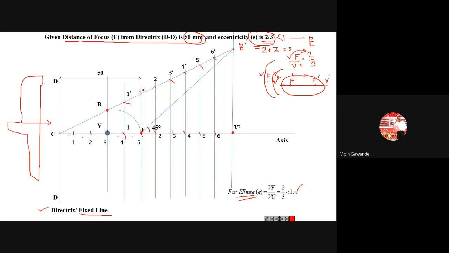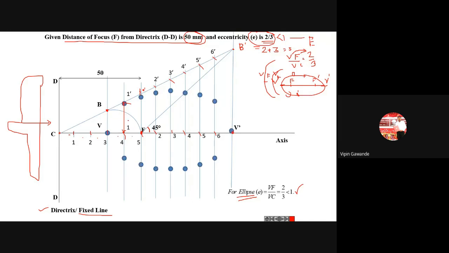thing we have to get these points on the ellipse. How to get the points on the ellipse? Now take 1 dash distance in compass. Then F as a center, focus as a center, and cut the same line above the axis. 1 dash distance in compass, F center, cut the same line.